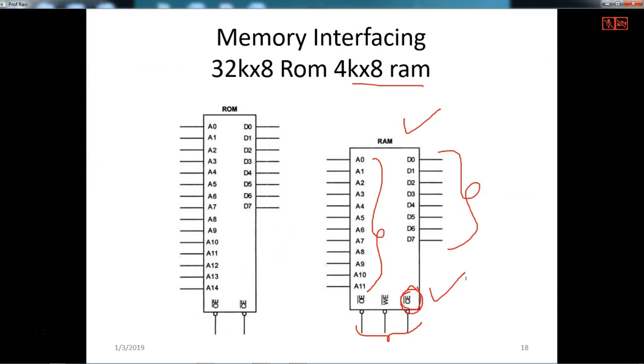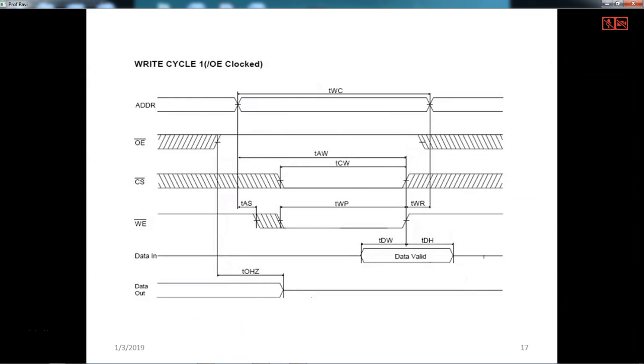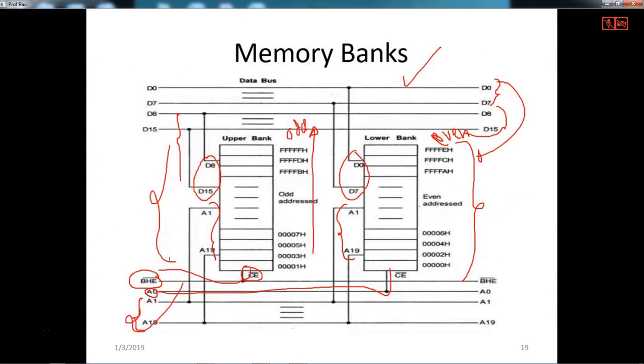So A0 of the microprocessor you connect to chip select of this RAM and BHE of the microprocessor you connect to chip select of the odd bank. So even bank and odd bank selection is done by using these two particular pins, A0 and BHE.